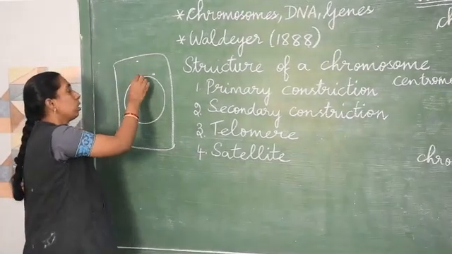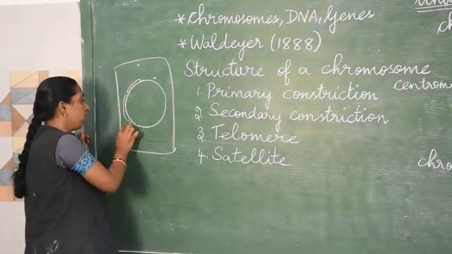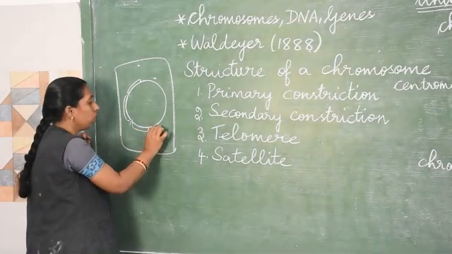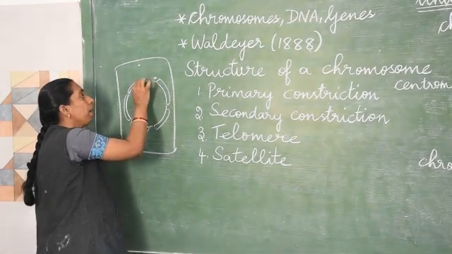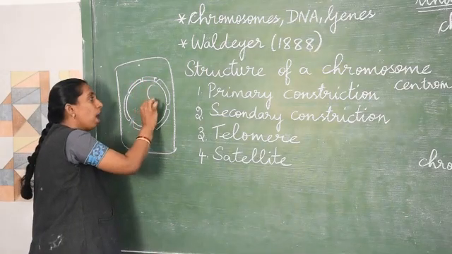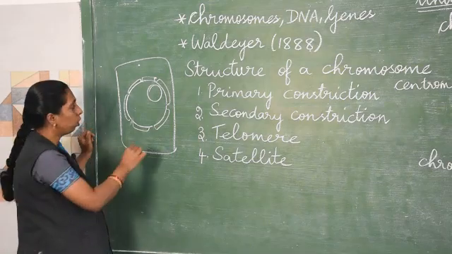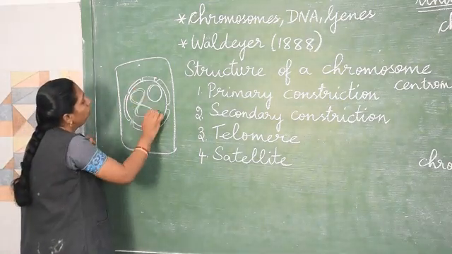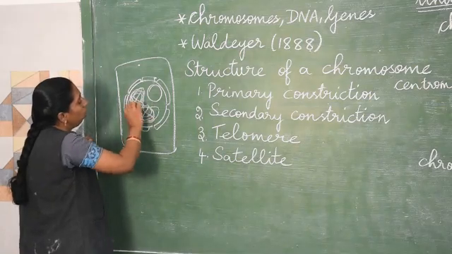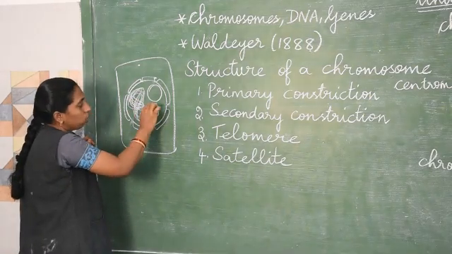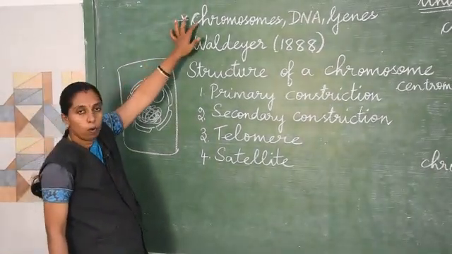The nucleus is bounded by the nuclear membrane, which is the outer covering, and inside the nuclear membrane you have the nucleolus and a coiled structure called chromonemata. Here you have the coiled structure. This thin thread-like structure is nothing but chromosomes.